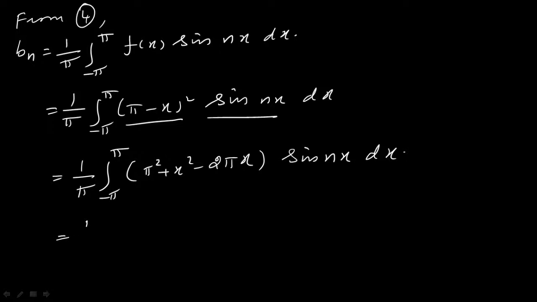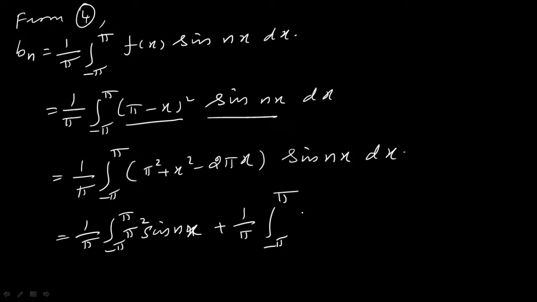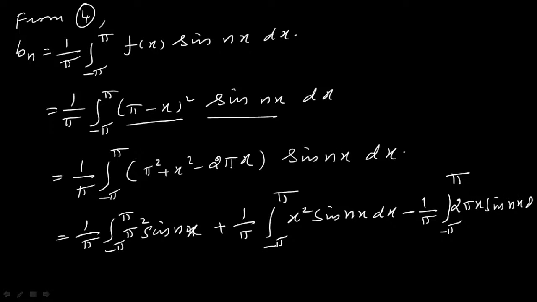So split this integral into 3, that is 1 over pi minus pi to pi, pi square sin nx plus 1 over pi integral minus pi to pi x square sin nx dx minus 1 over pi integral minus pi to pi 2 pi x sin nx dx.